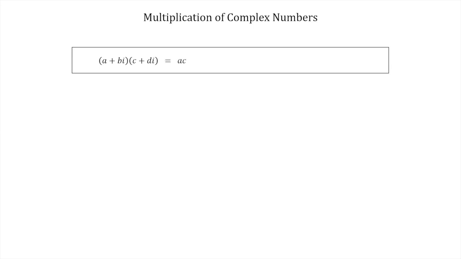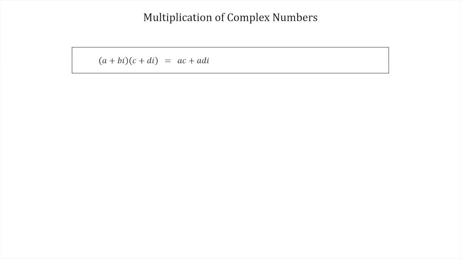So what do we get? Well, we will get a times c, plus a di, so that's timesing a by di. And all we do there, di is d, some real number, times by i. If we times that by a, some other real number, we get a times d times i. So if we knew what a and d were, we could times them together and get some single number multiplied by i.